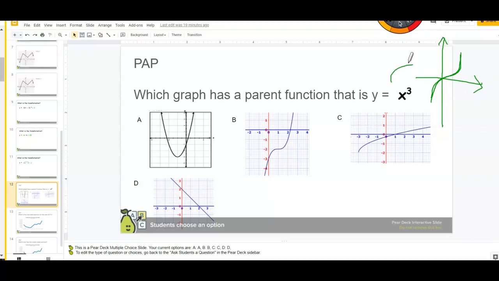Okay, this is what the parent picture looks like. Okay? And now you just need to tell me which one of these baby pictures has the same shape as this parent picture. We see B has the same shape, so your answer is B. Okay.